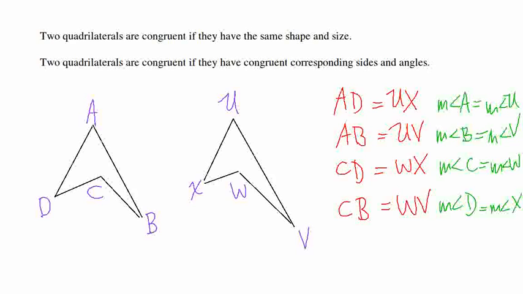Now, it'll turn out that for quadrilaterals, the sums of the measures of the interior angles always add up to 360 degrees. Okay, let me repeat that. The sums of the measures of the interior angles of every single quadrilateral, the sums will always be 360 degrees.